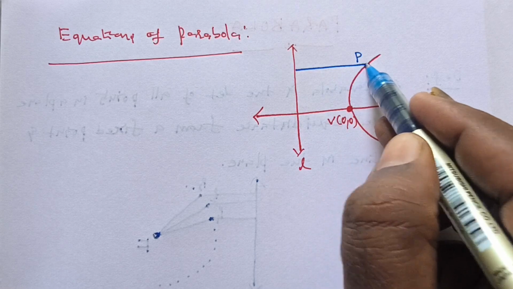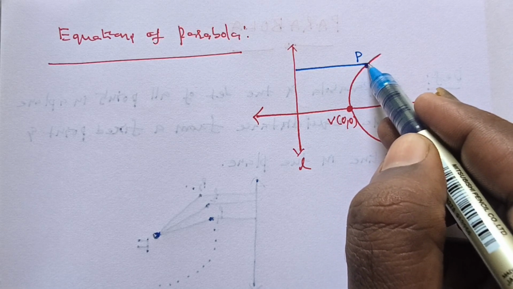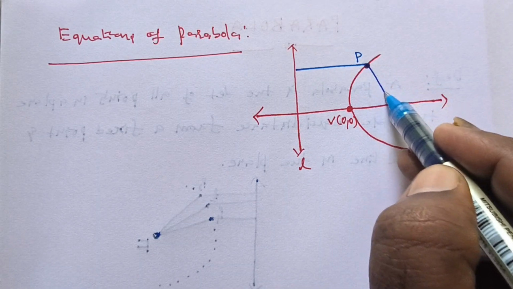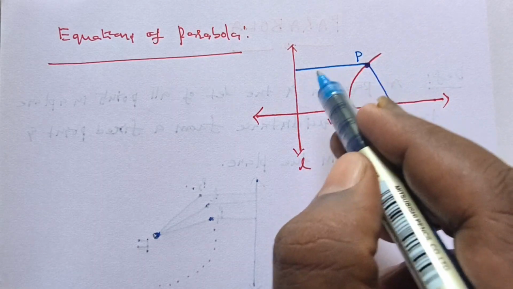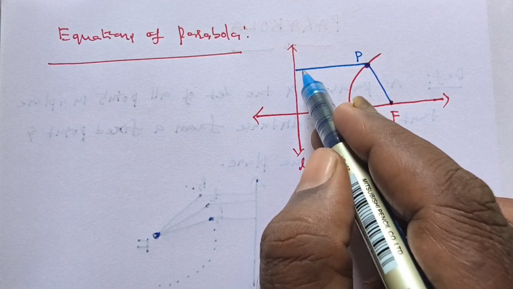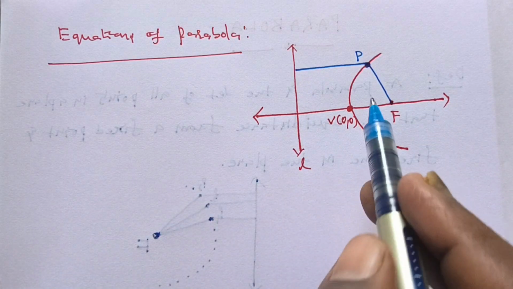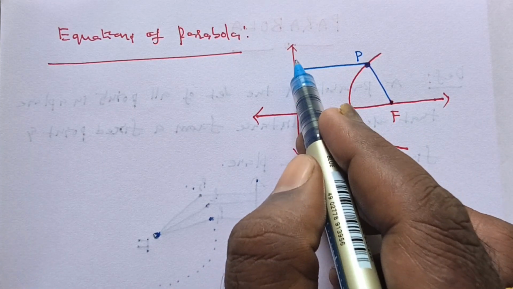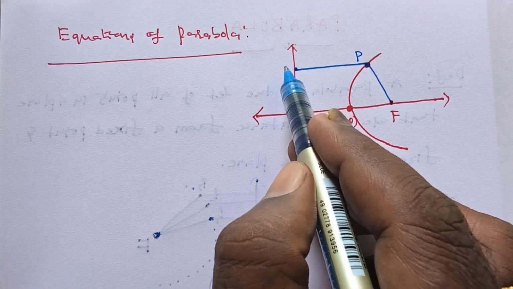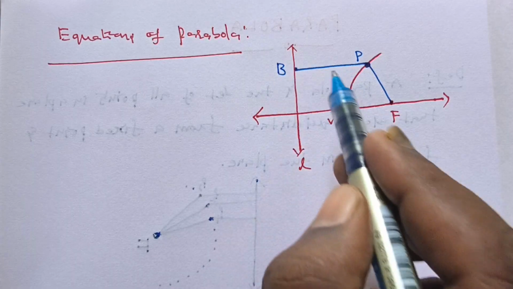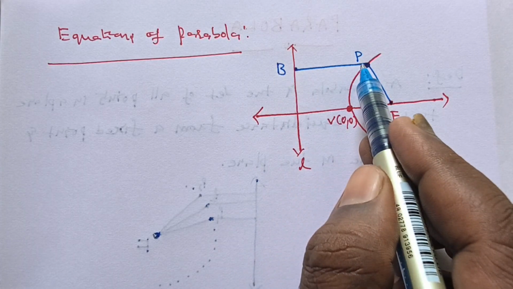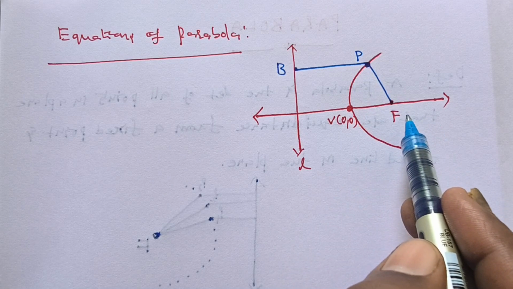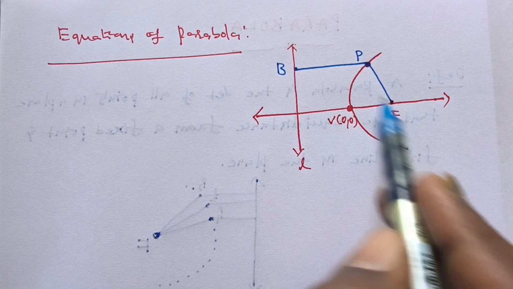So the distance from this point P to F and to the line must be equal by the definition of parabola. This point of contact we assume as B. The distance from B to P and P to F must be equal. That is the definition of parabola.